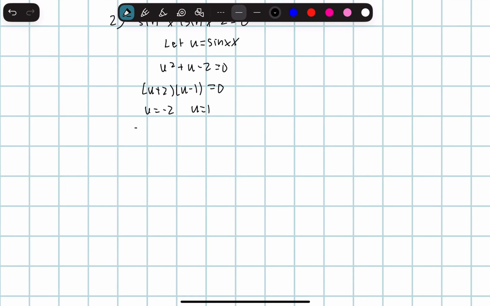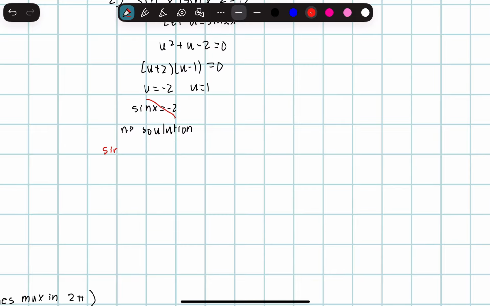Now you can convert this back. Sine of x is equal to negative 2, but there's no solution, and the reason is that the range of sine x is from negative 1 to 1.